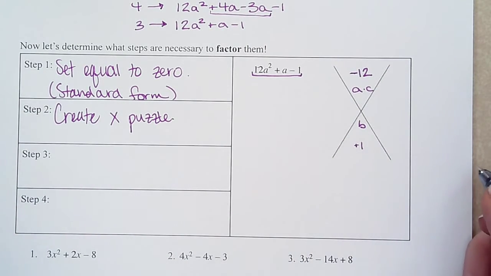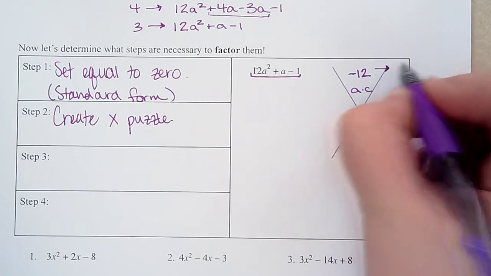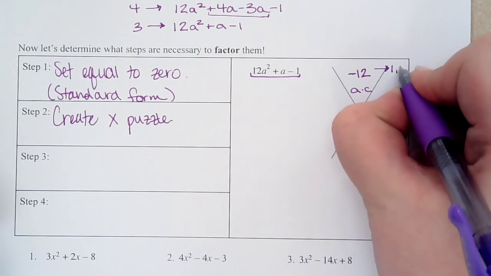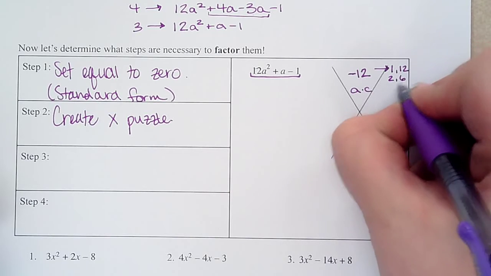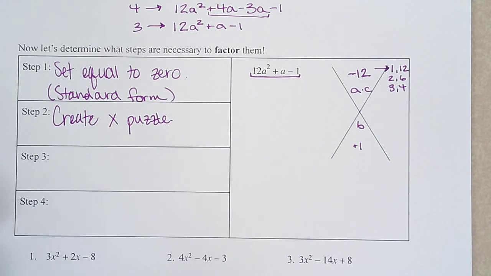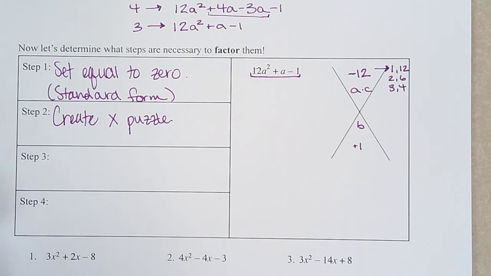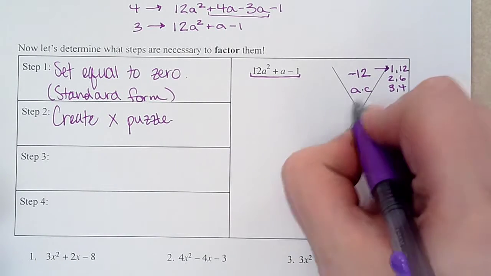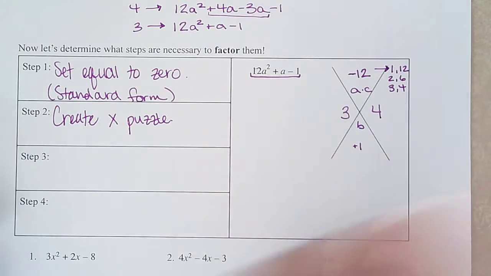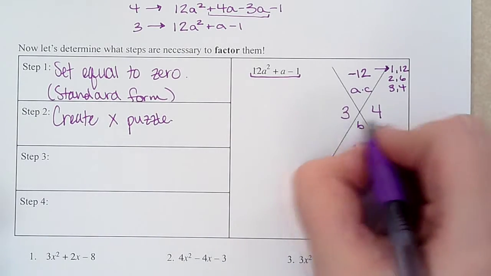Now our method pretty much stays the same. We find the factors of 12 and we see which of those pairs adds to 1 or could be used to get to 1. Notice a 3 and a 4 could get to 1 as long as we made one of them negative.